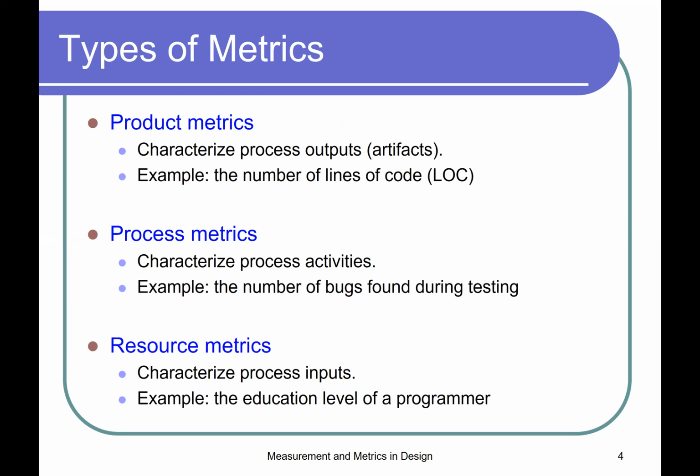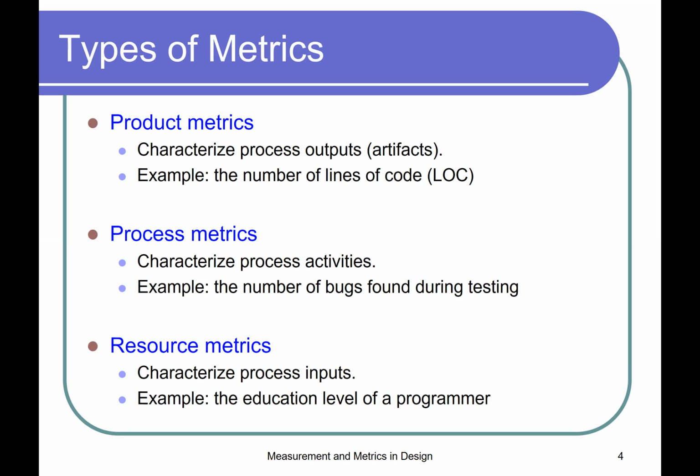So for example, the resources that I'm using in the process are the people that I'm using. How much money do I have? What is the education level of my programmers? How much office space do I have? How many software licenses do I have that will aid me in doing the software development? So these are resources that I'm using throughout my process to create my product.